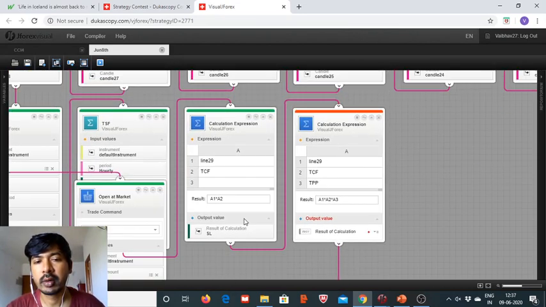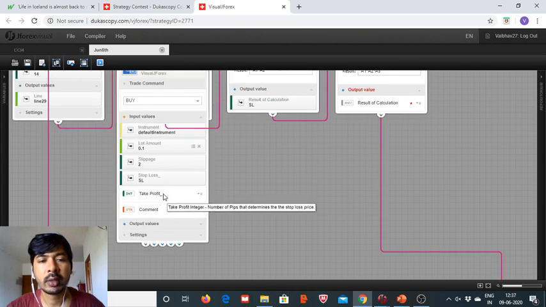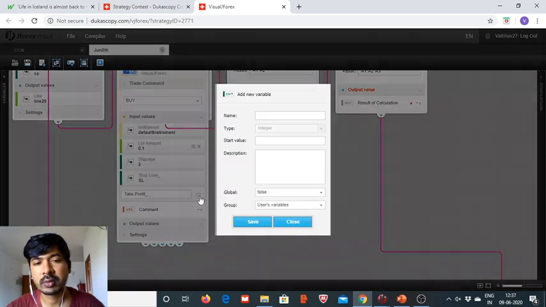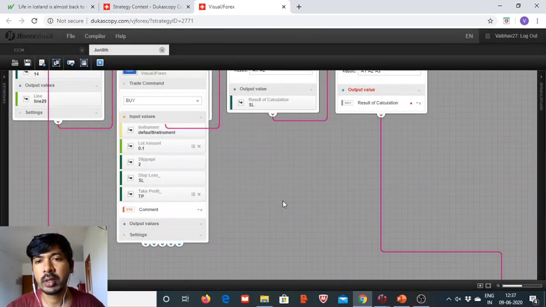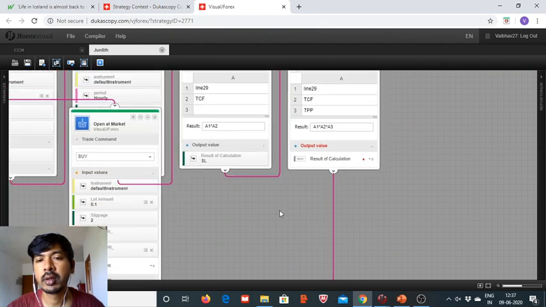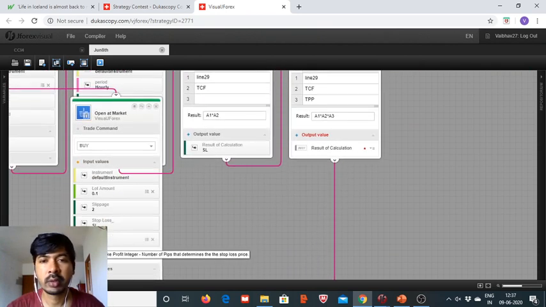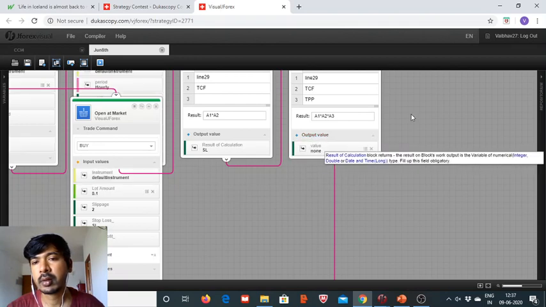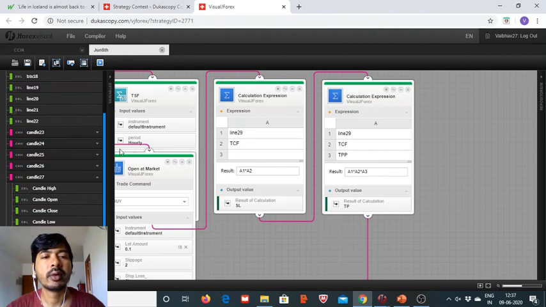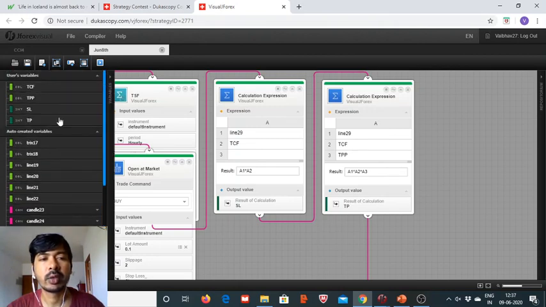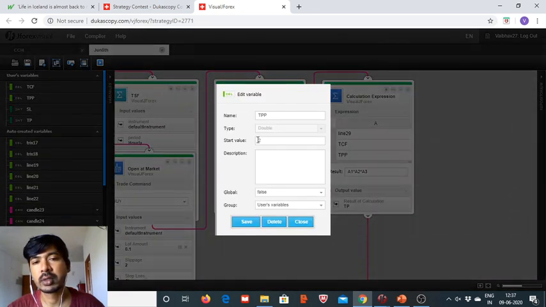So now we have this in place, and here also we define a fresh variable named TP, and that would be the result of the calculation for this expression block. So here we have defined this stop loss and target in the ratio of 1:2, as TP has a conversion multiplication factor of 2.